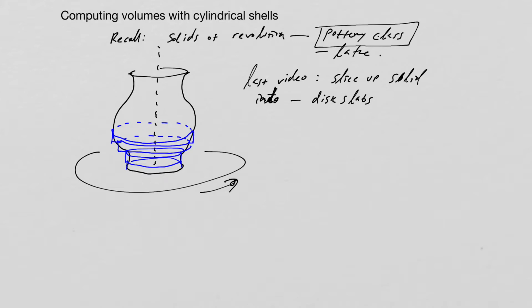We can continue this all the way up. In this case, I would integrate from, let's say if that's 0 down there, this is A and this is B. We're integrating along the y-axis, going from A to B, and looking at this curve right there.